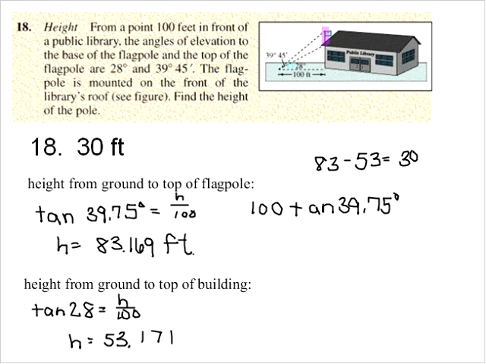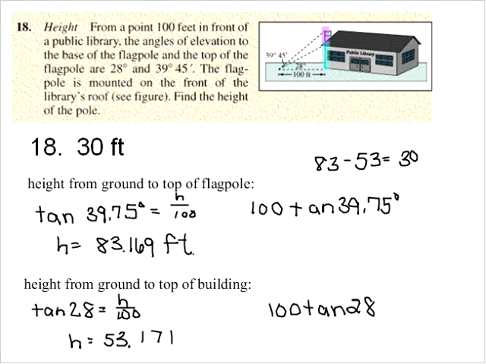Now let's do just the height from the ground to the top of the building, which I'll highlight in blue. So we want to find that part. So we're going to do tangent of 28, because that's the smaller triangle, equals h over 100. Multiply both sides by 100. And I get approximately 53.17.